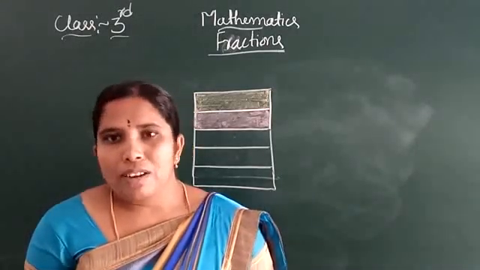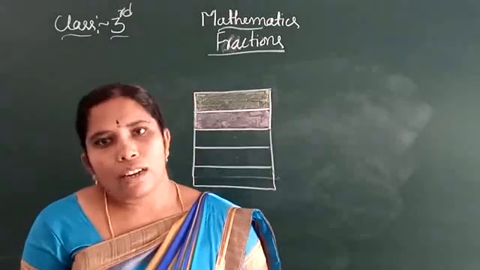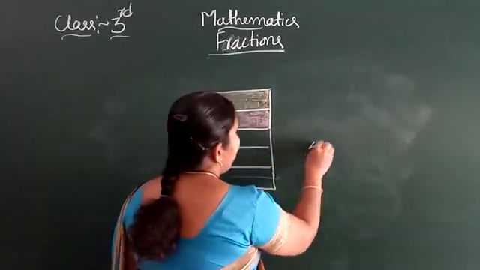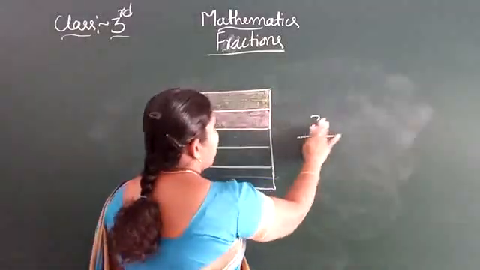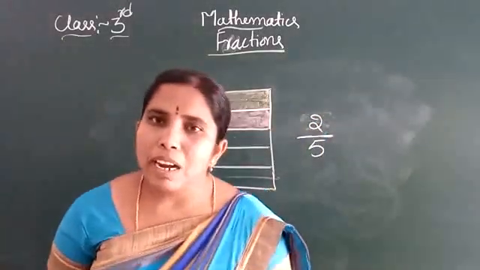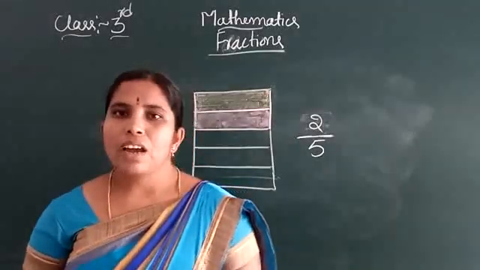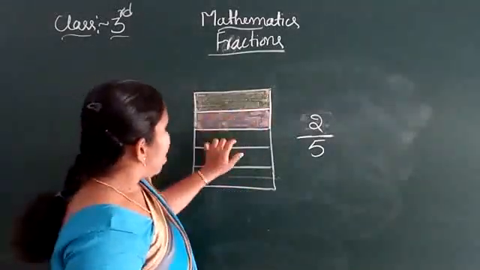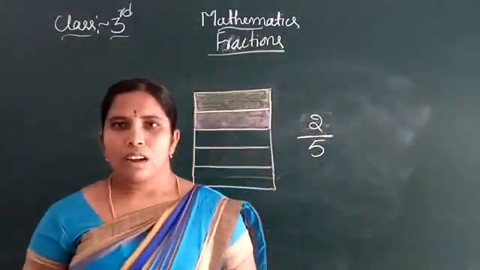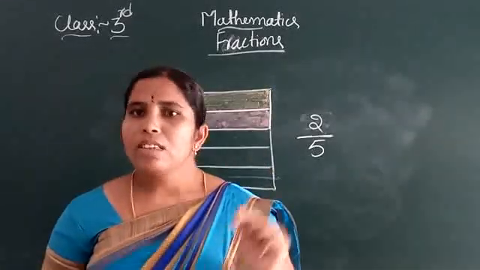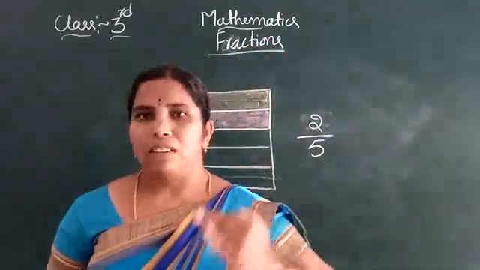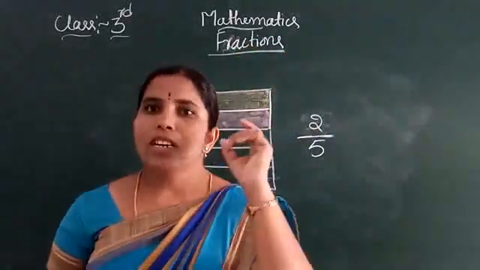There are 2 parts. 2 parts we are shading, so we can write this as 2 by 5. 2 is the numerator, 5 is the denominator. Out of 5 parts we shade only 2 parts. So this is written in the form of the fraction 2 by 5. This is for only the shaded portion.